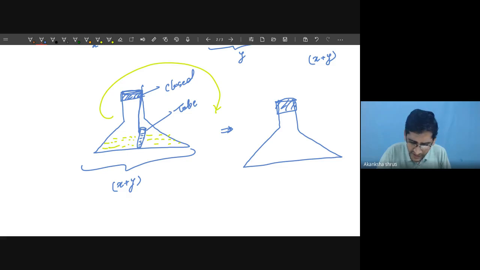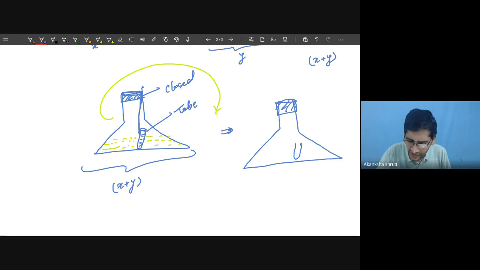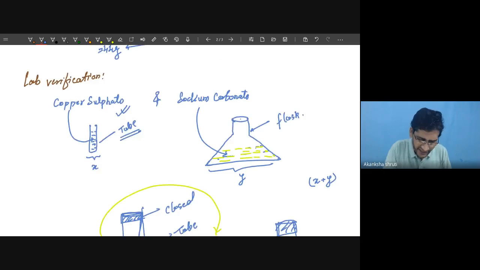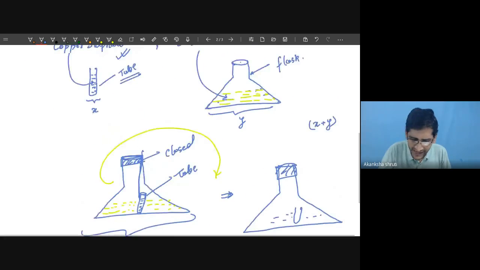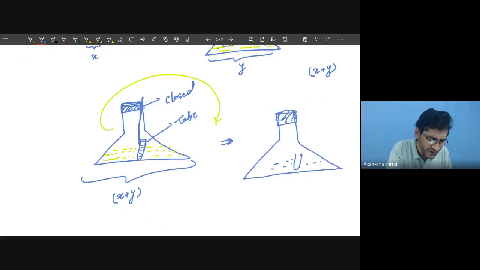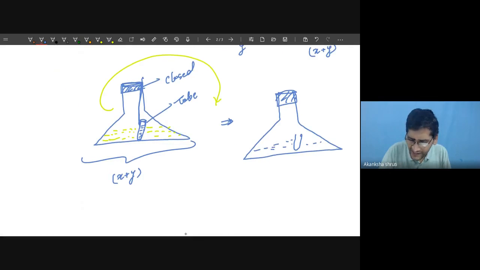Now this tube becomes empty, and both the copper sulfate solution which was inside the tube as well as the sodium carbonate solution which was already inside the flask, these two have mixed.